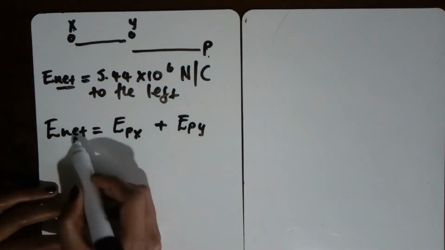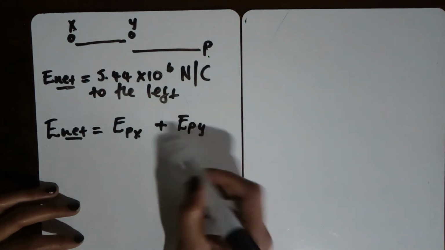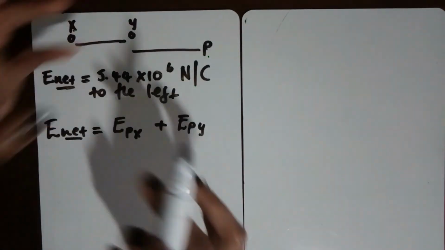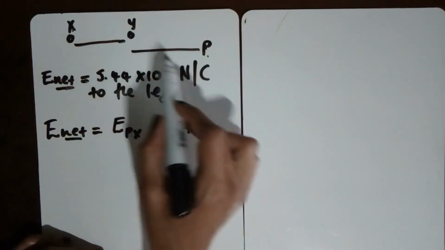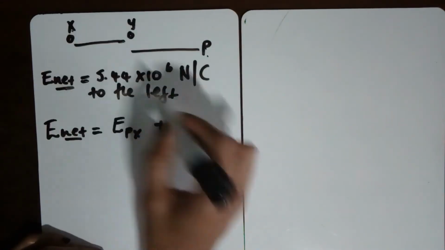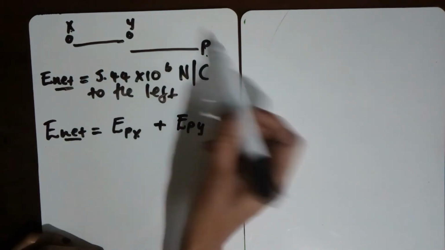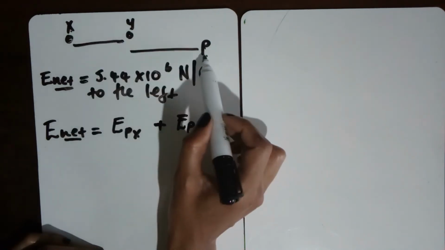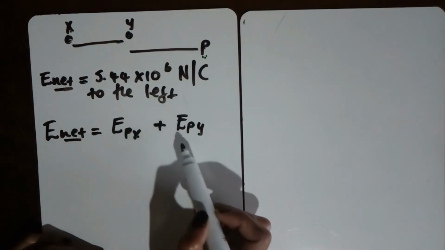So that's what net means. We are adding all the individual contributions. Same thing when we talk about F net: you add all the forces acting on your object. Here you also add all the electric fields that are having an effect on P, because this charge has a contribution on P as well as this charge. So we'll add all of them together.